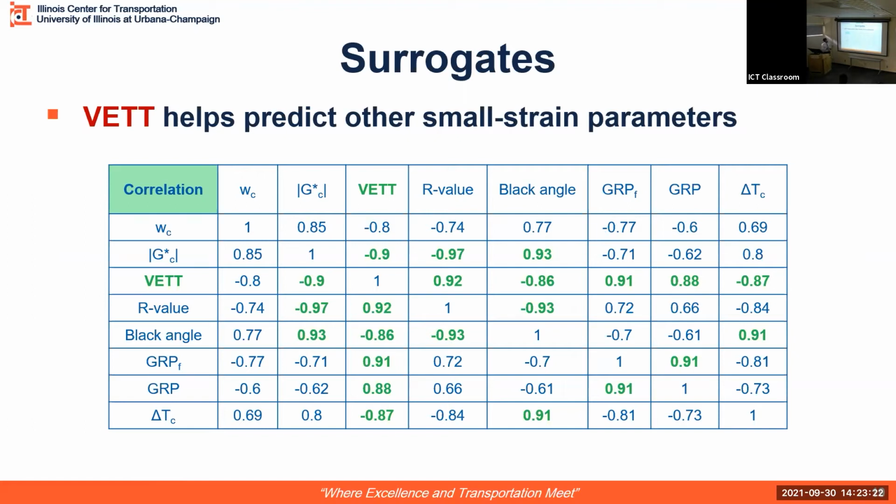Some of them are from different test types, like a low temperature test. Some of them are at different points in the master curve of the binders, and these parameters indicate that for small strains, these parameters can be replaced one for the other, and VETT helps to predict other parameters in a better way.